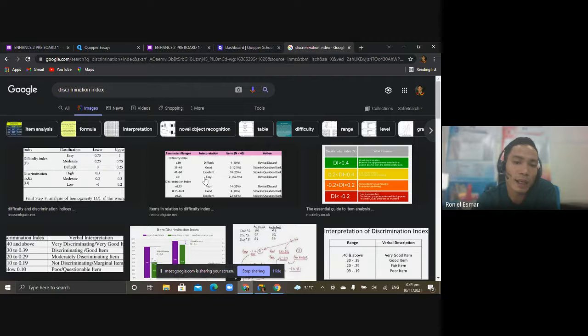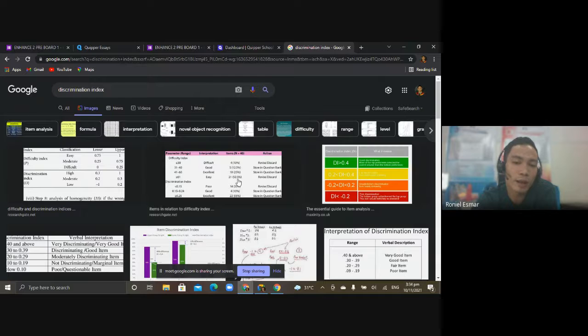Ang difficulty index po nga makita nato in order for us to identify whether an item is very easy is if it's greater than or equal to 61. Makita nato nga easy kaysa nga tanan ang test. If it's too difficult po, makita po nato nga less than or equal to 30 ang iyang difficulty index.